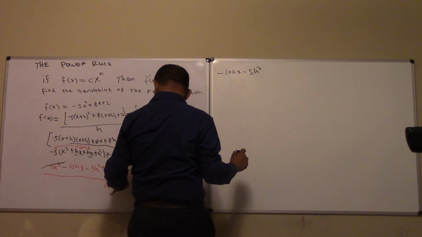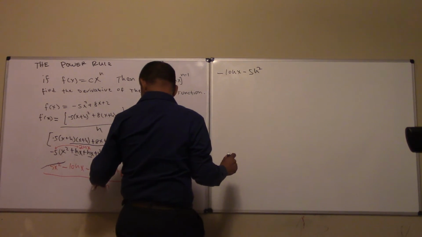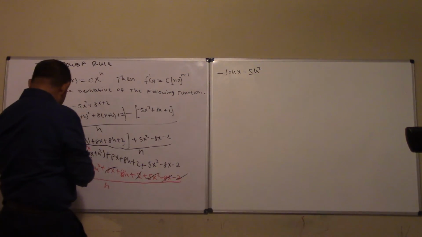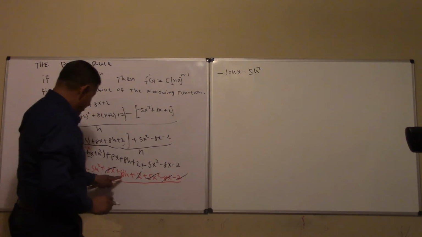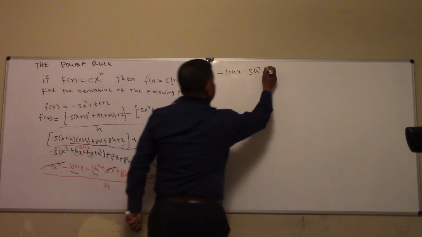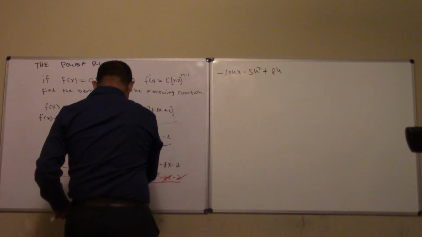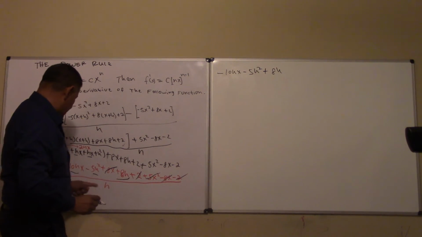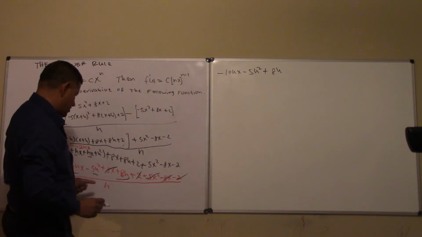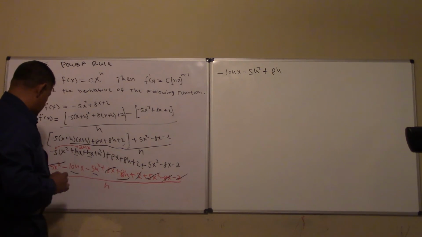And then here, I already got this taken care of, this, and this. Now we're going to do plus 8h, right? So I got that taken care of. That's it.